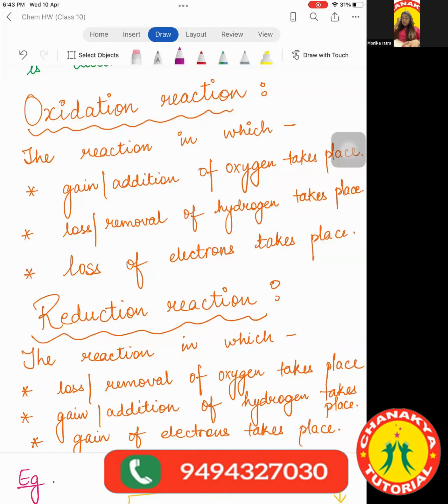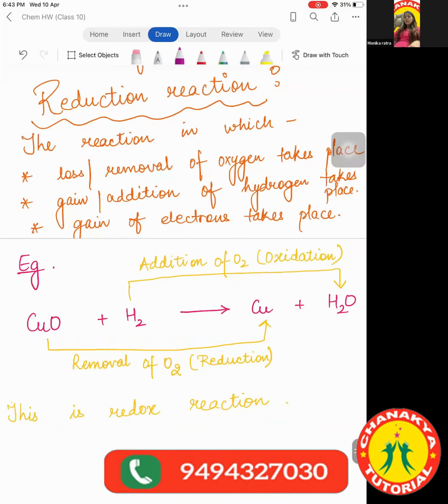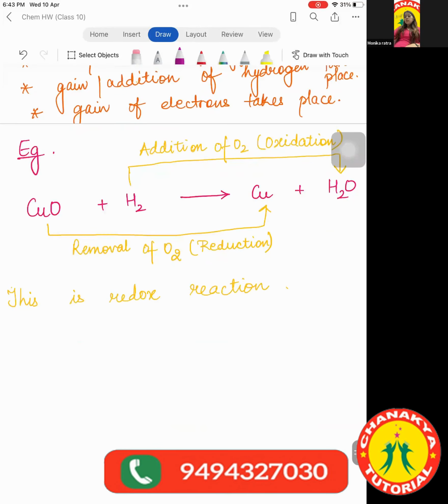So yes, I was telling about one example where we are not going to see oxygen removal or addition. So let us see this example. This is CuSO4 plus iron. This gives us FeSO4 plus copper.